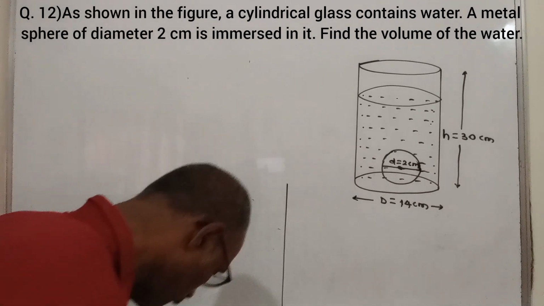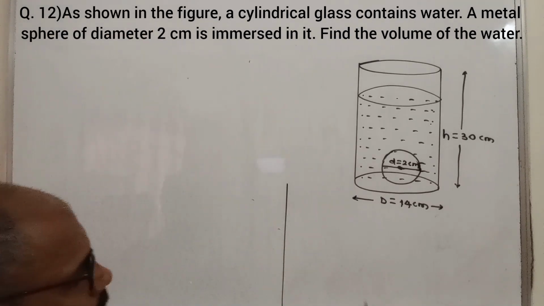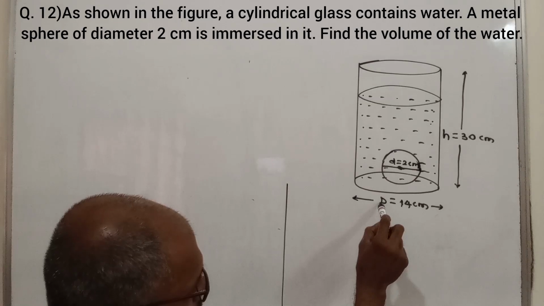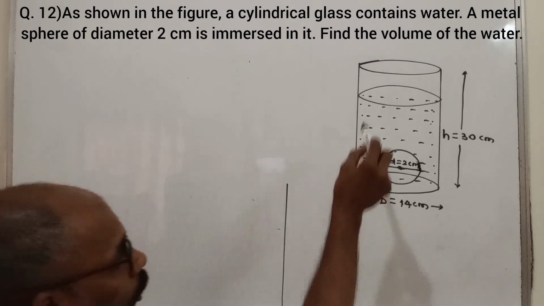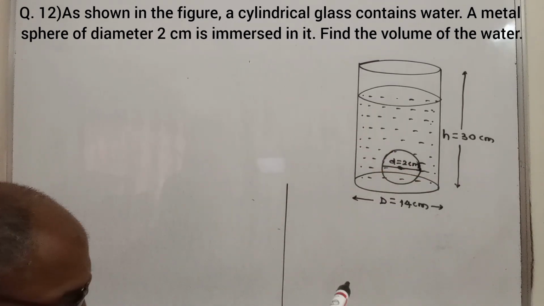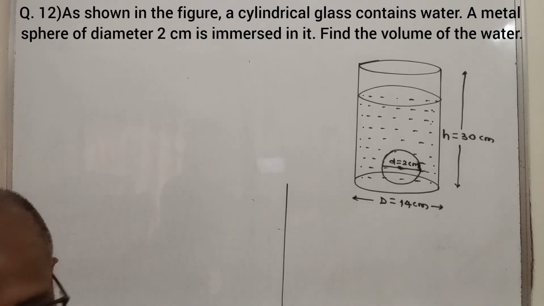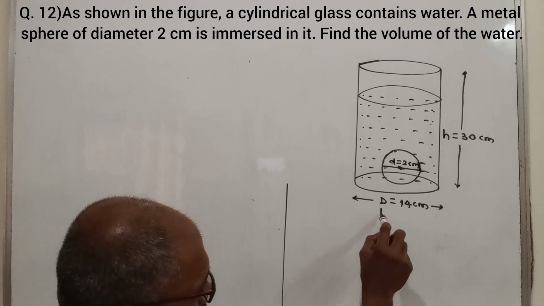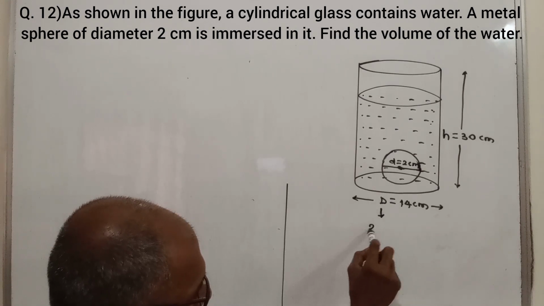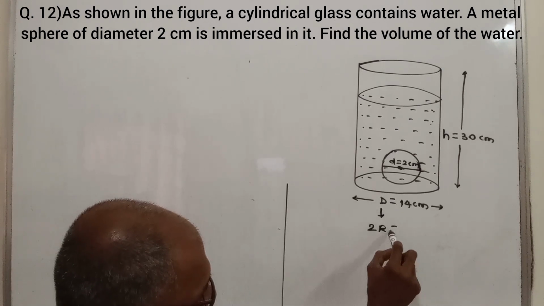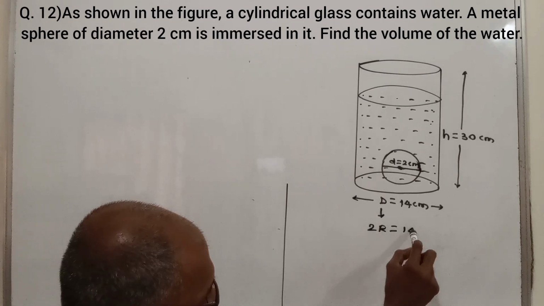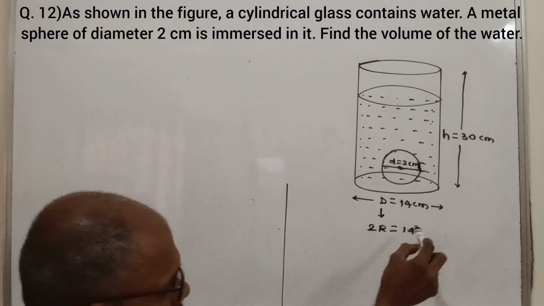Now we have given here. First of all, diameter of this cylindrical glass. Capital D, so we write here 2 into capital R is equal to 14 centimeter.